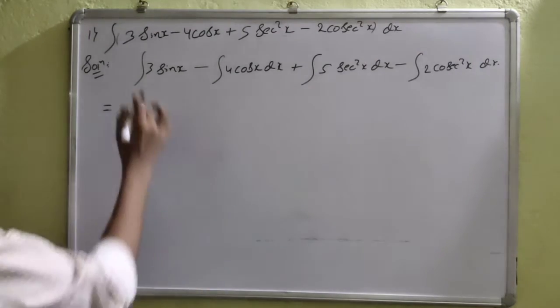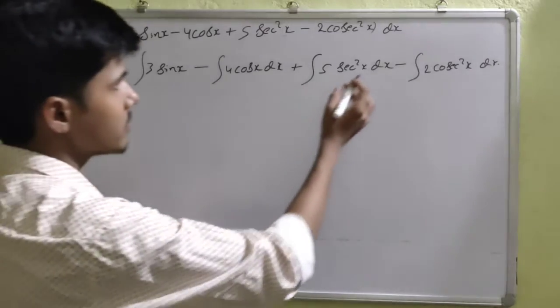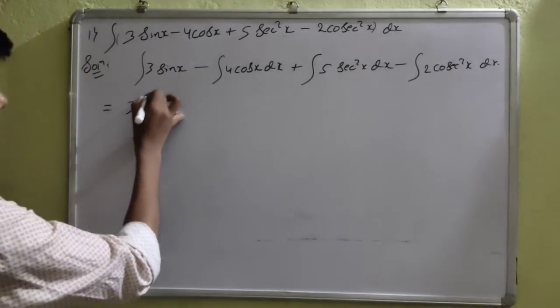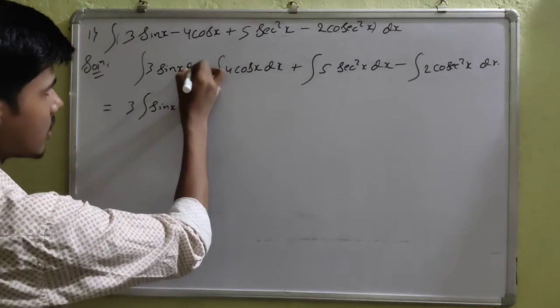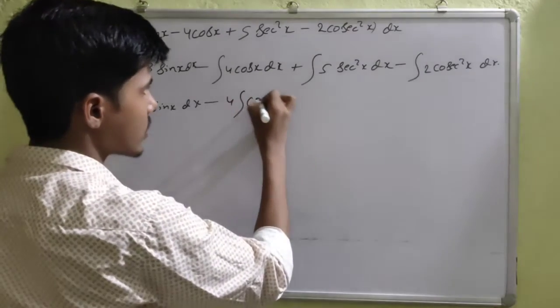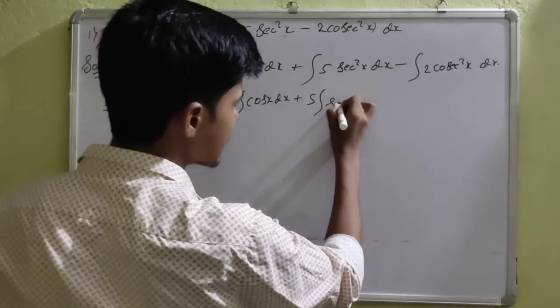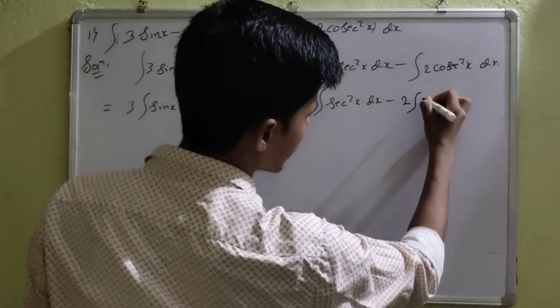Then we have to take the constants 3, 4, 5, 2 out of the integration. That means 3 integration of sin x dx minus 4 integration of cos x dx plus 5 integration of sec square x dx minus 2 integration of cosec square x dx.